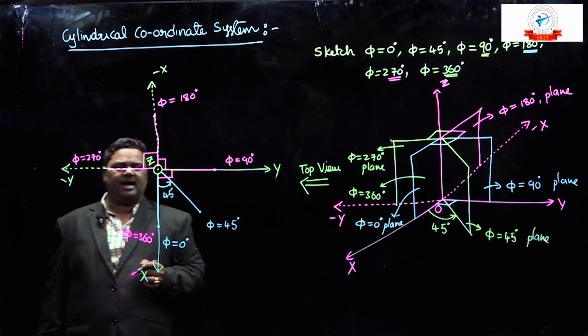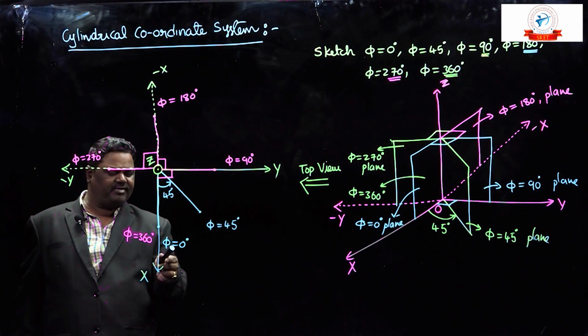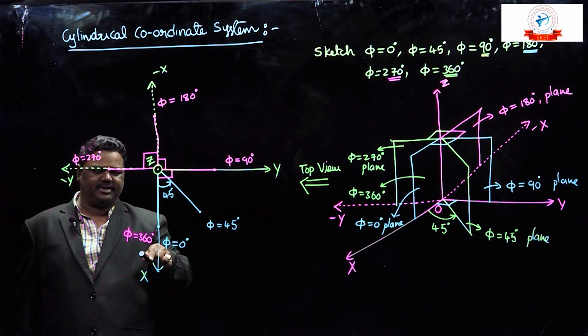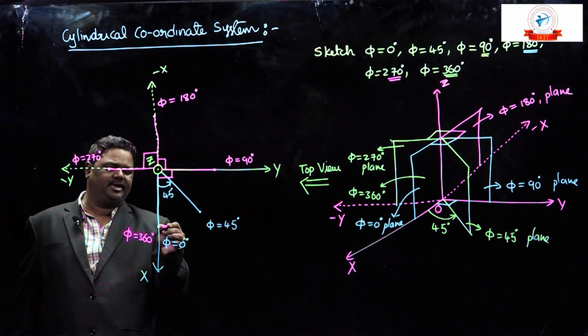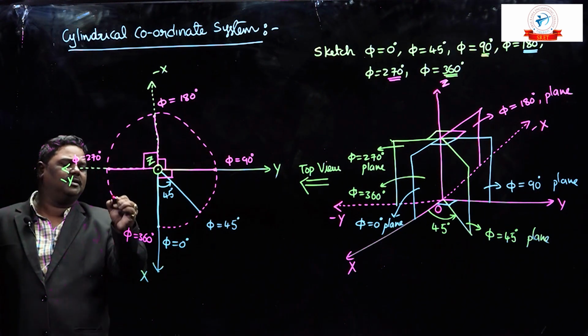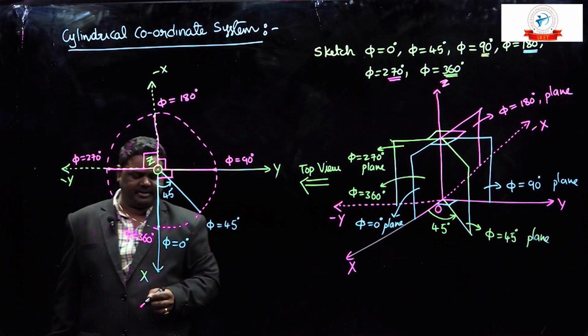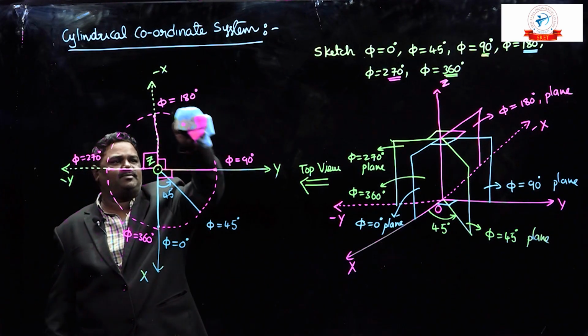Okay, so now observe here, when we increase the phi coordinate from 0 to 360 degrees, observe any point on this phi is equal to constant plane. Any point on this plane moves along curved path or along the circular path like this. Okay, so just observe this one.